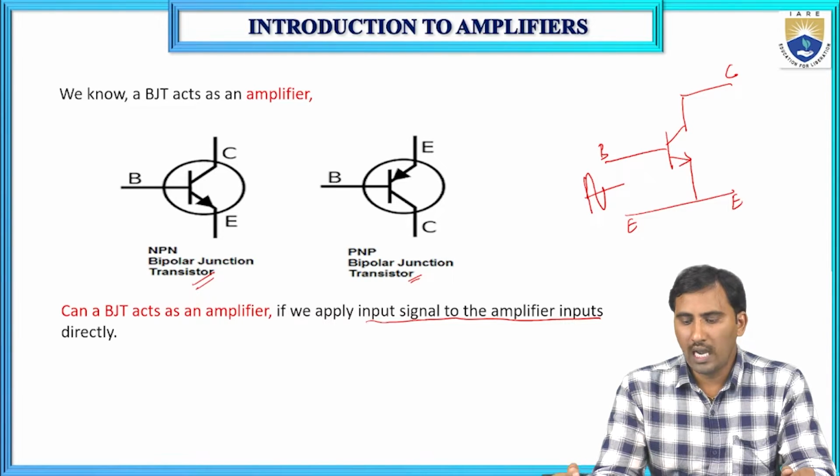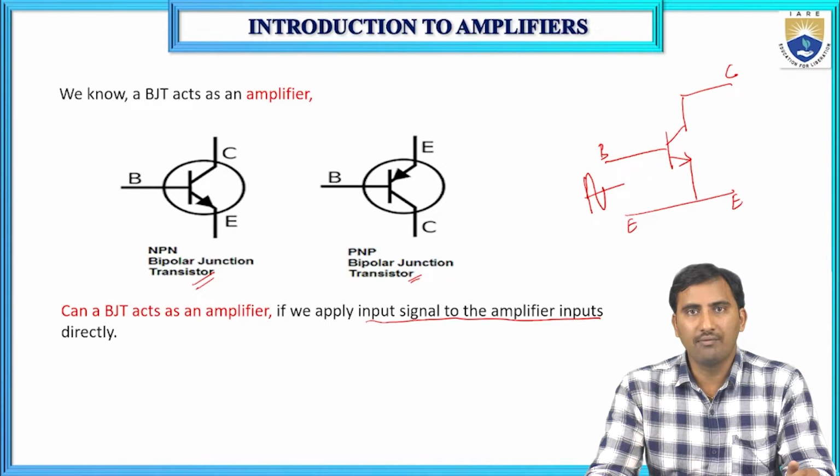So to amplify the given input signal, the transistor should be operated in the active region. To operate the transistor in the active region, it requires biasing. So we will see what is biasing. Biasing is the process of operating the device in a desired region.